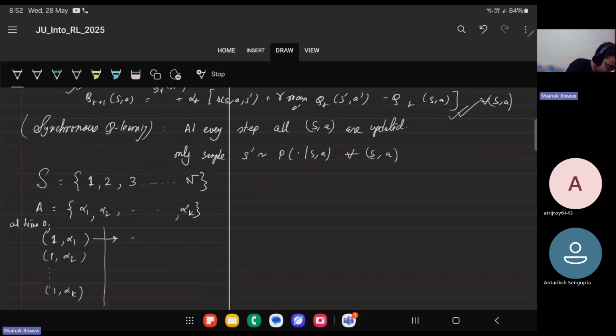You will sample, at time equal to 1, say s1 is equal to 3. Say state 3 is being updated, right? Say the next state s dash is 3. So what will your update equation look like? Can you tell me for this?